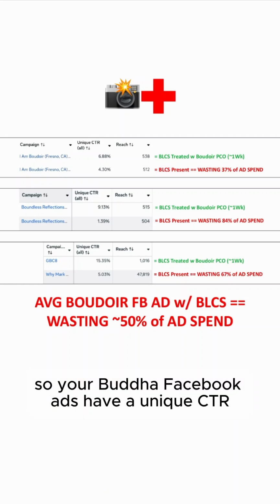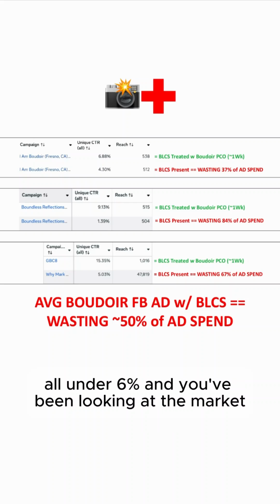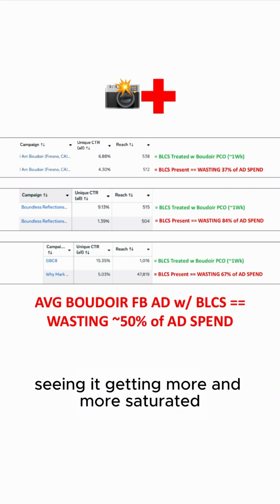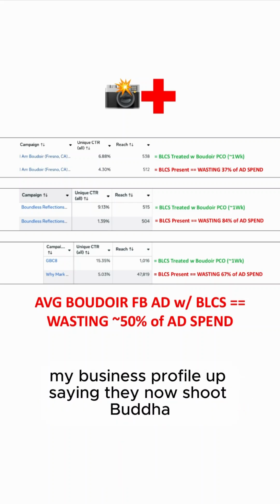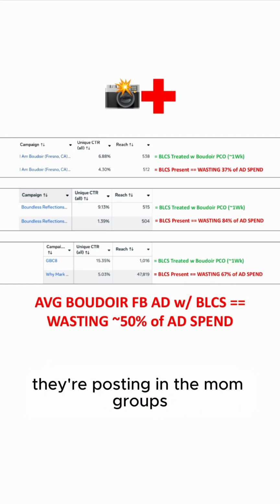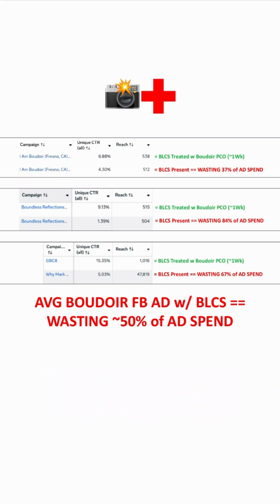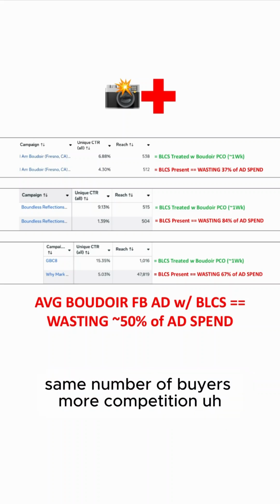so your Boudoir Facebook ads have a unique CTR under 6%, and you've been looking at the market, seeing it get more and more saturated, more Boudoir photographers. Every time someone gets a new iPhone, they're putting their Google My Business profile up saying they now shoot boudoir. Every time someone gets a new camera, they're posting in the mom groups saying they now shoot boudoir. So more saturation, same number of buyers, more competition.